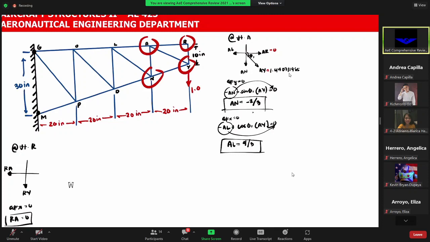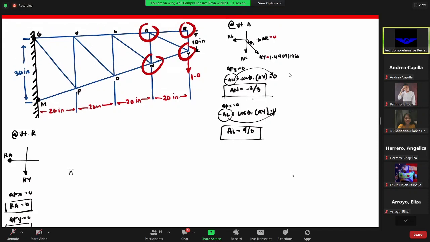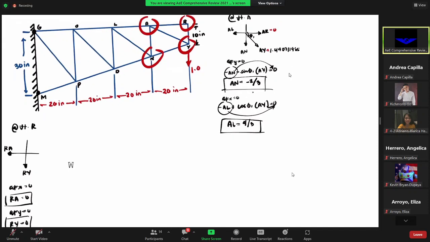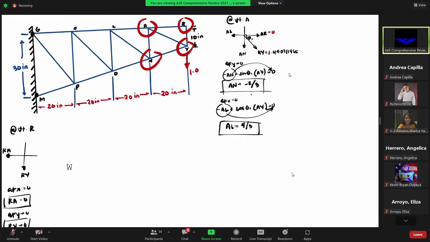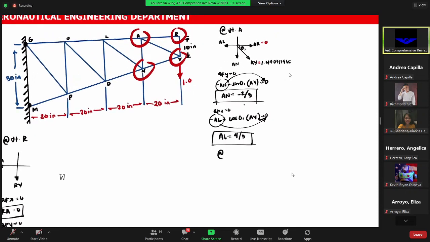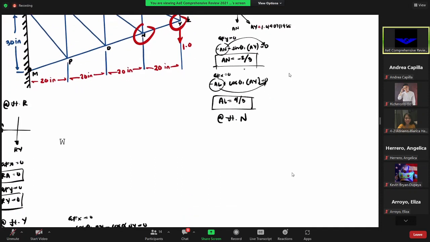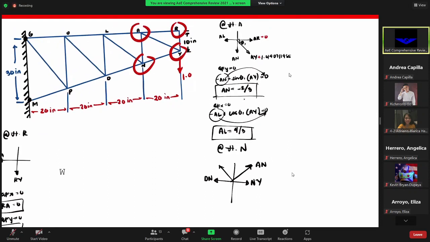So kanina, di ba, nag-rotated axis tayo. Therefore, rotated axis na rin yung gagawin natin dito. Okay? So, at joint N, yung rotated axis na to guys, meron tayong NY, meron tayong DN, and then ito, di ba, ganyan lang naman. Ito is AN, ito is LN.